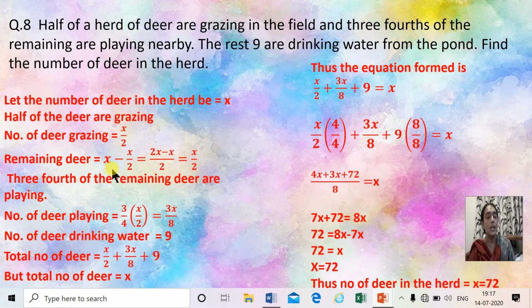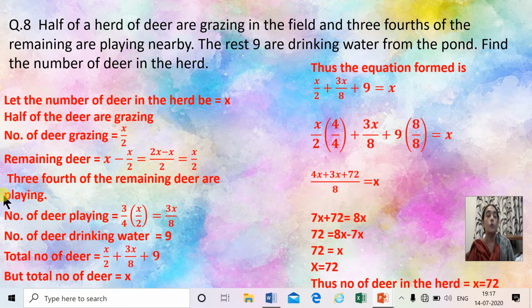We take LCM, so you get 2x minus x upon 2, which is equal to x upon 2. So this is also the remaining deer. The number of deer grazing is half of them, so x upon 2, so naturally the remaining deer will also be x upon 2. See, if I take the number of deer to be 4 and half of them are grazing, the remaining will be 2. 4 minus 2 will be 2.